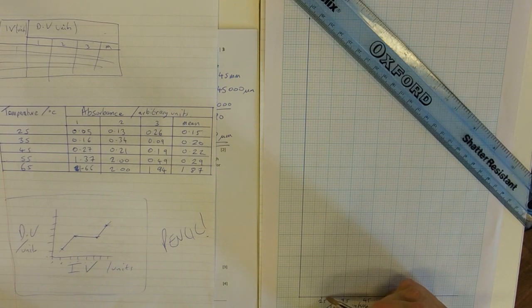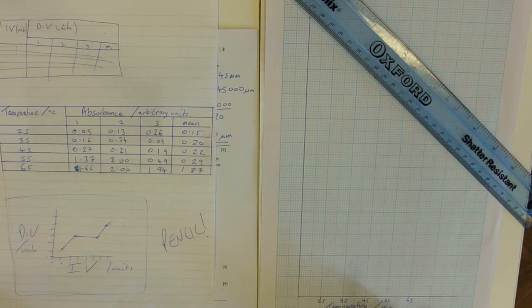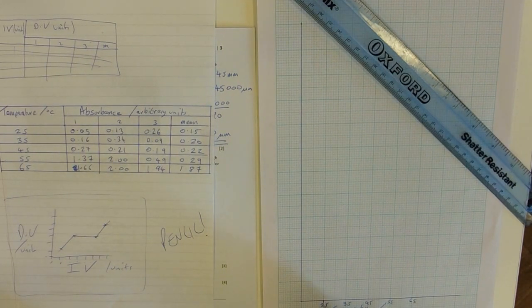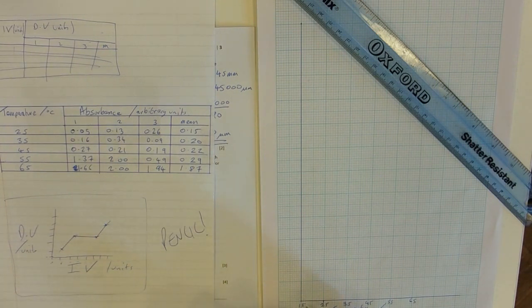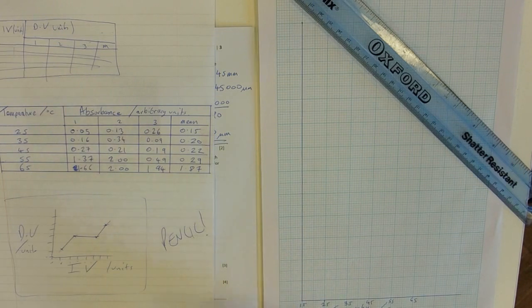You could go 26, 27, 28, 29, so on. So it's still 1 square per degree, so that's all right. This number here, what's this here? Well, this would be 45, 55, this would be 15. I haven't got any data for 15, but that would be 15. If I'm going to call it 0, I'd have to put a break in, which is equally fine.